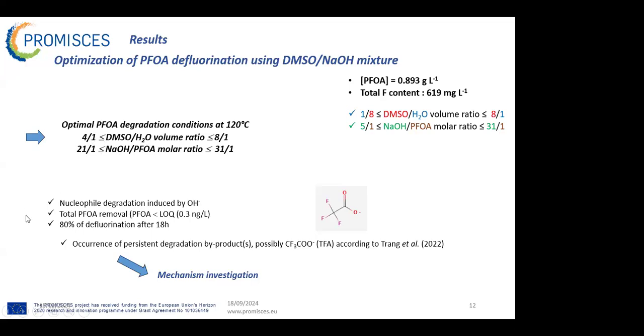There is a total removal of PFOA, but there is also 80% of defluorination. That is quite good, but there is occurrence of persistent degradation products, and according to Trang et al., it's possibly TFA. So let's investigate the mechanism.